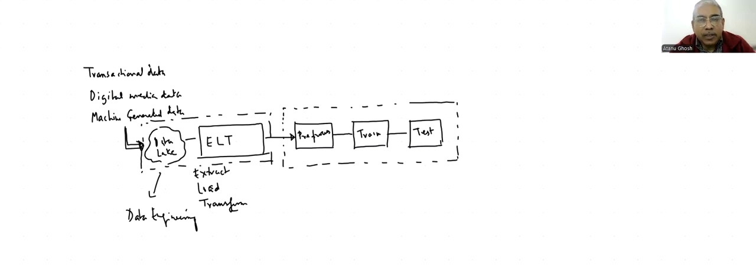In this particular series of sessions, we are going to use Microsoft Azure to understand some of the activities that can be done in this entire process of building data lake and extraction, loading, and transform.